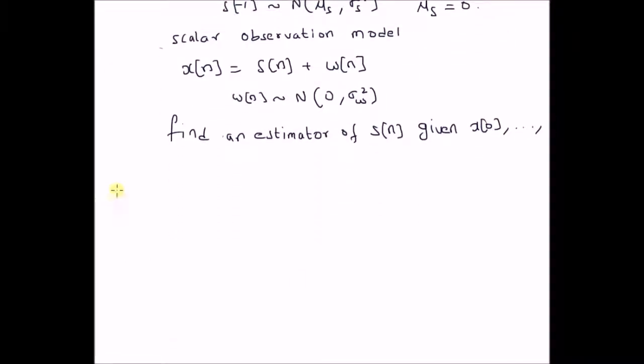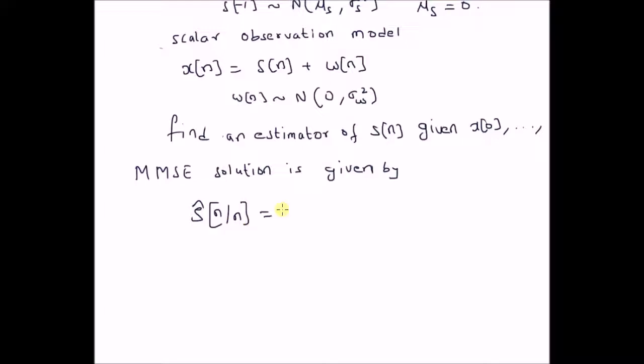By using the Bayesian approach, we can clearly see that the minimum mean square error solution, that is the MMSE solution, is given by S hat of n given n, which basically symbolizes the expectation of S of n given the observations x of 0, x of 1 up to x of n.